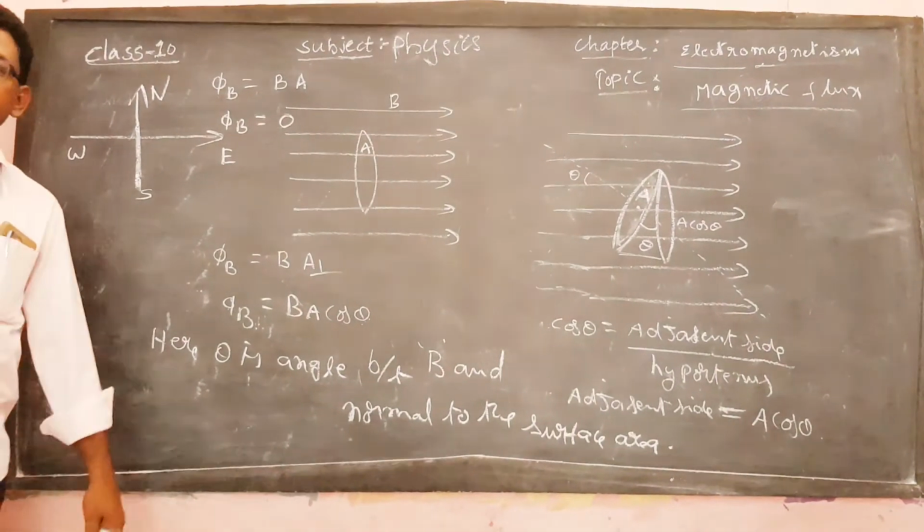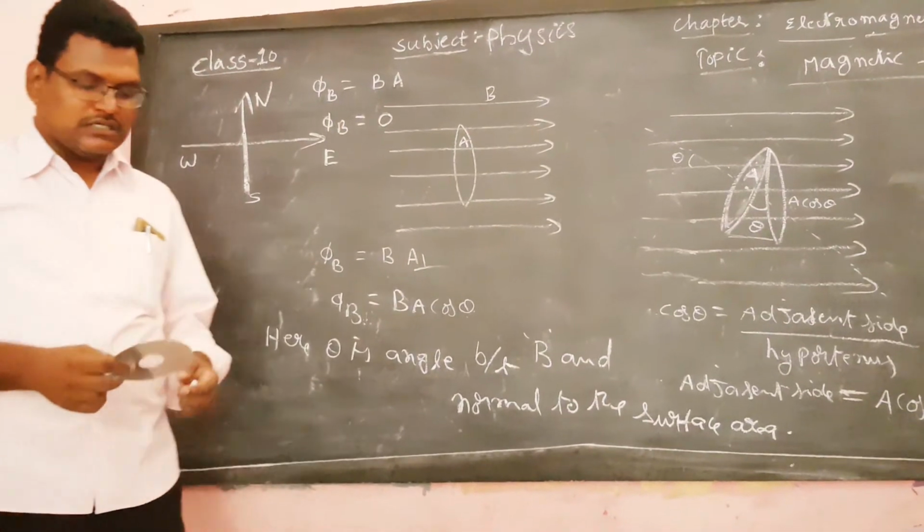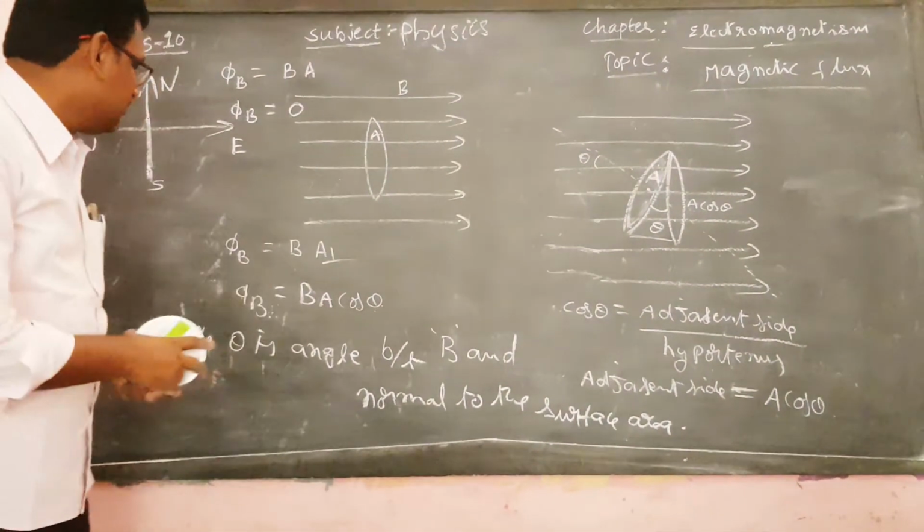Magnetic flux phi is equal to BA cos theta.